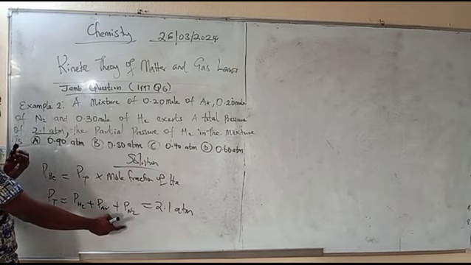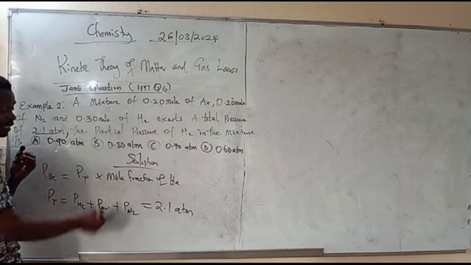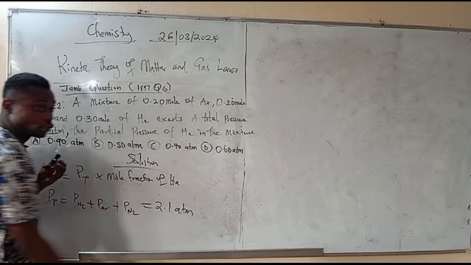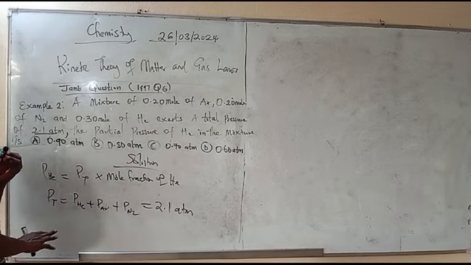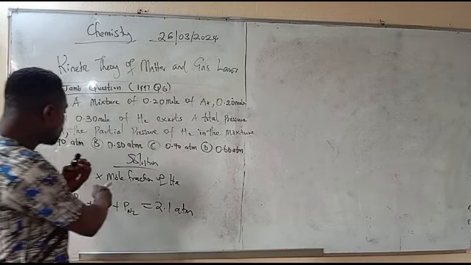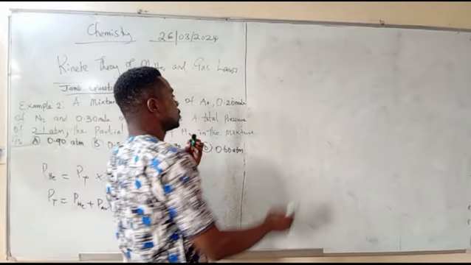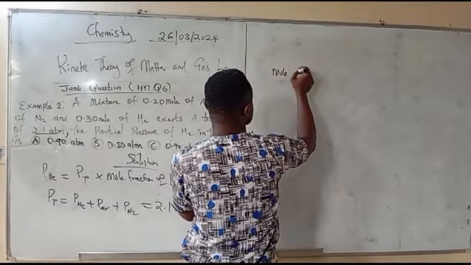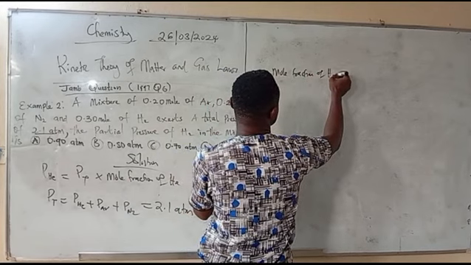So it's 0.7 moles. So now we have gotten our mole ratio. So let's ask a question. Total pressure of helium: total pressure which is 2.1 atmosphere times 0.7.